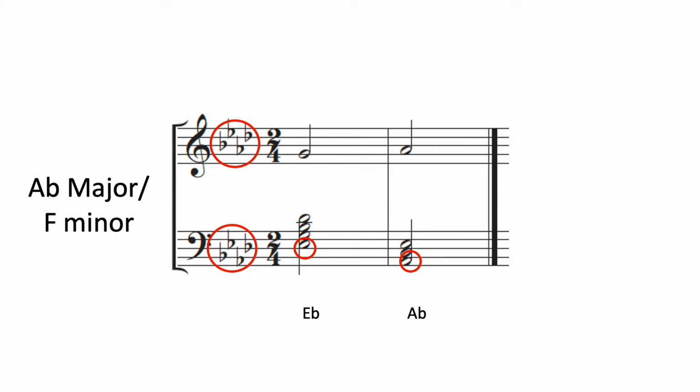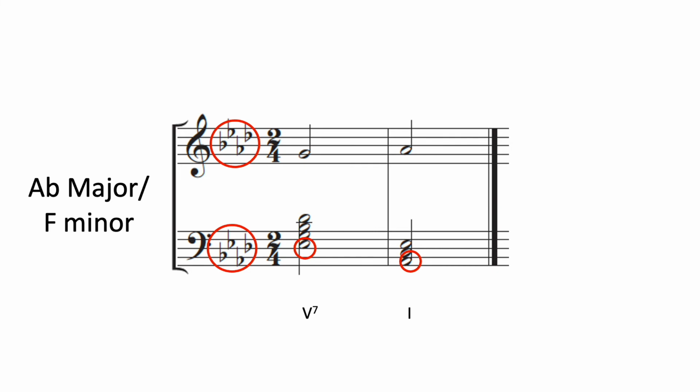So E flat in the key of A flat major happens to be the 5th scale degree, and A flat is the 1st scale degree. In the key of F minor, the second chord would be the 3rd scale degree. We haven't talked about any cadences that resolve to 3, so that really wouldn't make much sense.